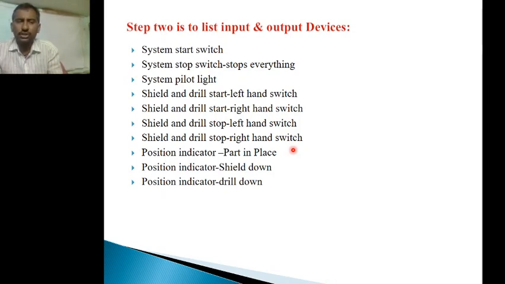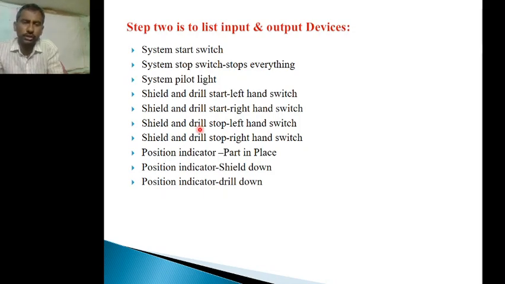So, what are the input devices required and what are the output devices required? We can list them out. The system start switch is an input device, and the system stop switch is also an input device, and the system pilot light is an output. And the shield and drill start, left start button input, right start button input, left stop button input, and right stop button input.